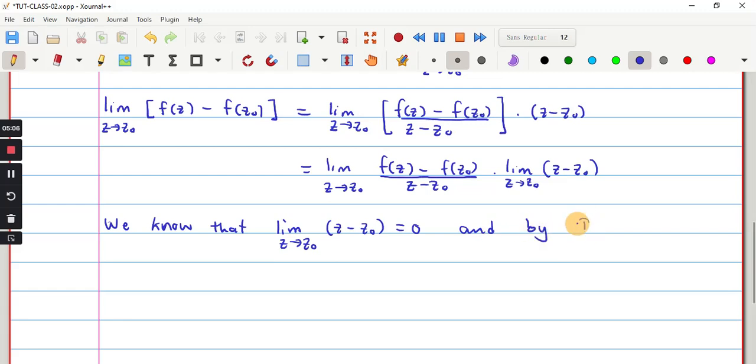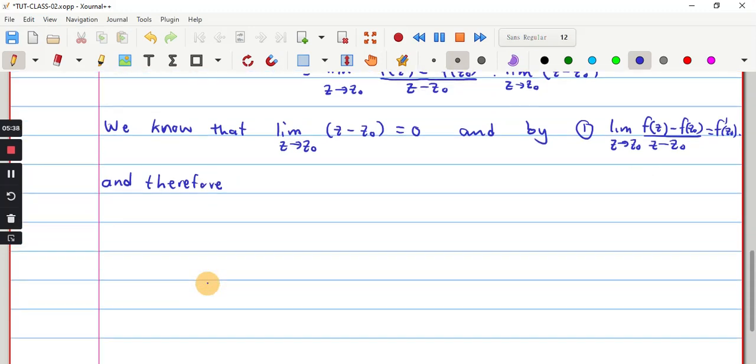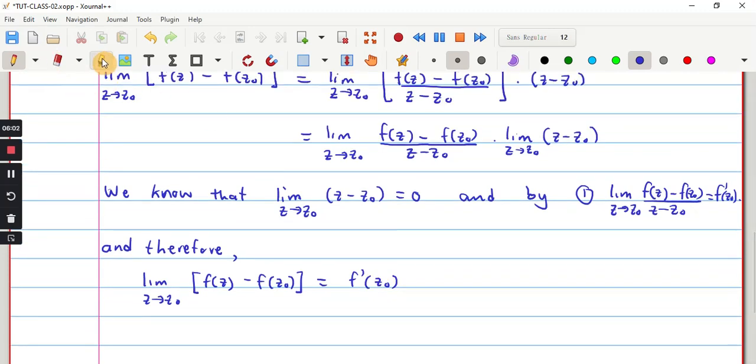And by equation 1, the limit as z approaches z0 of f at z minus f at z0 all over z minus z0 is exactly equal to f prime z0. So instead of that limit, by equation 1, this quantity is the same as f prime z0, and this quantity is the same as 0.